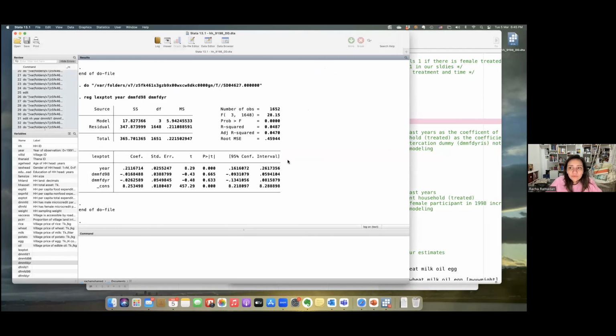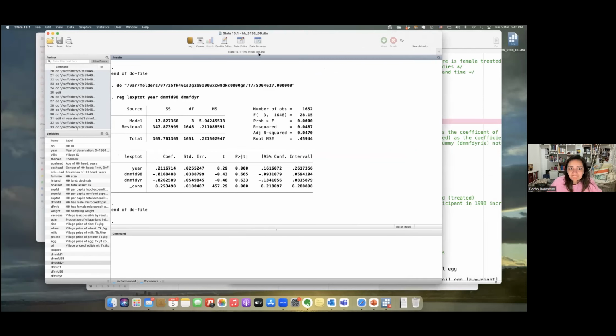What we can conclude from these results? And there is no impact. There is no impact of what exactly? DMMFD98 and DMFFD year.